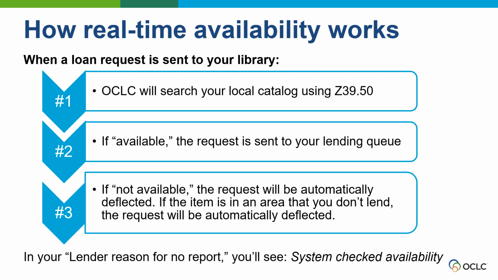If it is listed in your local catalog as available, the request will be sent to your lending queue. If your catalog states it's not available, the request will be automatically deflected. If the item is in an area that you don't lend, the request will also be automatically deflected. In your lender reasons for no report, you'll see system checked availability.